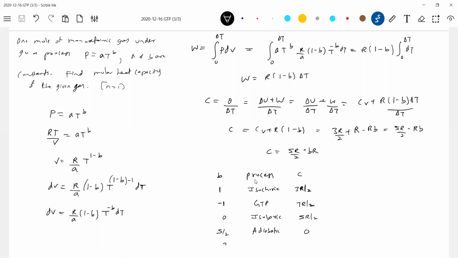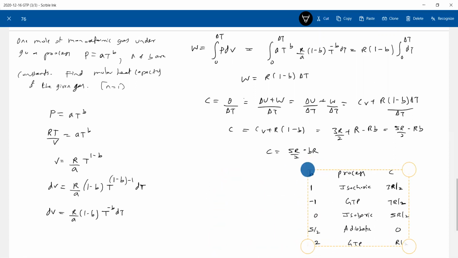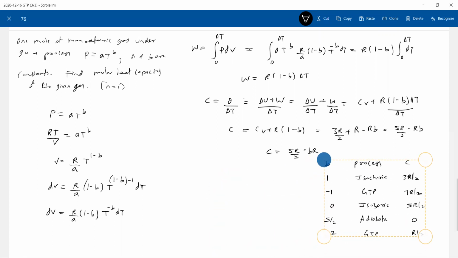Okay, B equal to 2. Let's see what we get. B equal to 2: R by 2. So I'm not against chemistry. Just as a physics teacher, I should be a little bit emotional.